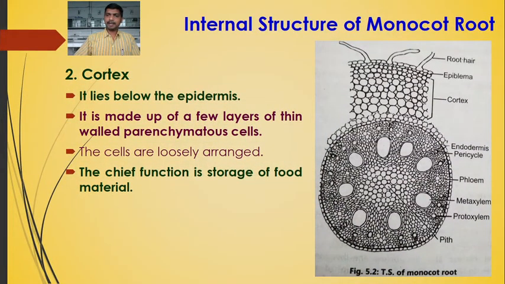Next to the epiblema is the cortex. It lies just below the epiblema and is made up of a few layers of thin-walled parenchymatous cells. In the dicot root also we found the cortex is multi-layered with thin-walled parenchymatous cells. Similar cortex is seen in the monocot root.